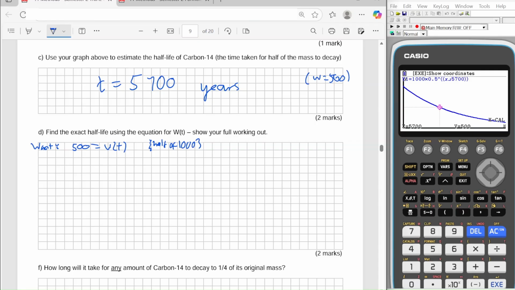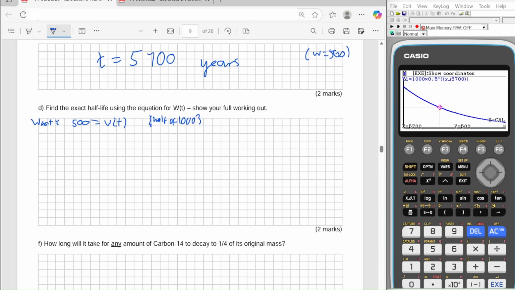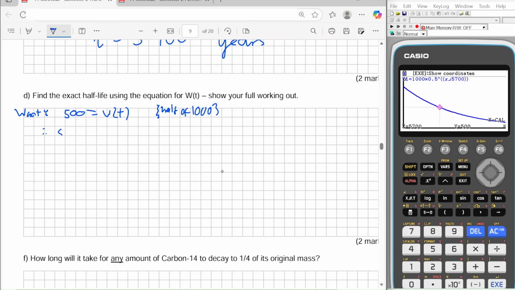Since this is a show that question for more marks, you'll be seeing a lot more notation and explanation here. So therefore, 500 equals, and we can plug in the whole weight equation. So 1,000 times 0.5 to the T over 5,700. Then we're going to divide.